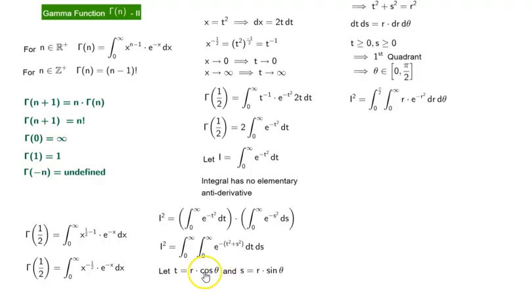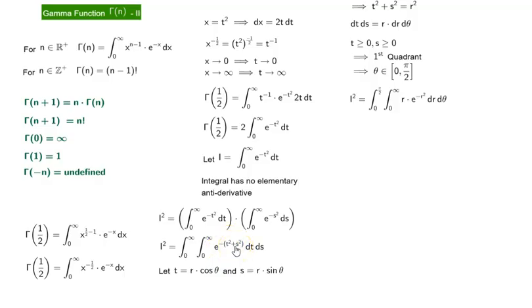Now here we are doing this substitution with respect to the outer integral. And here 0 to infinity becomes 0 to pi by 2. So we have done the correct substitution here. And then we have e to the power of minus t square plus s square.